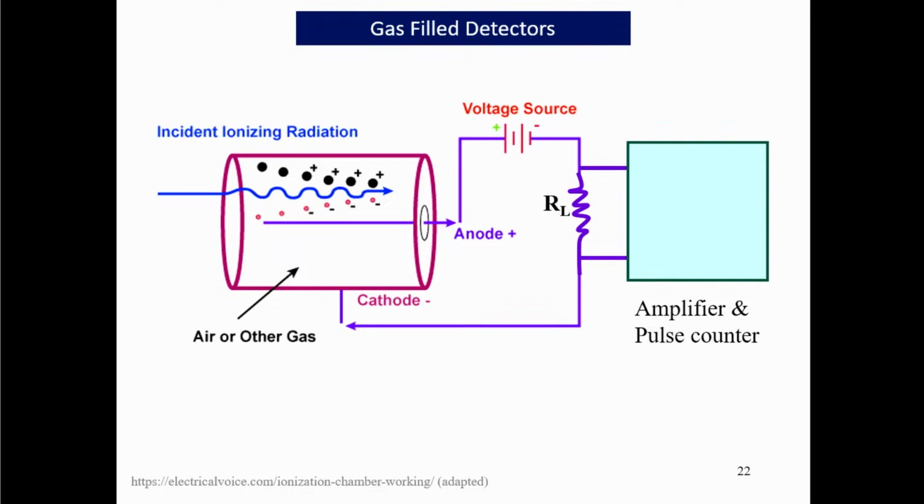You can see that the gas filled detector is very simple. You have a metal cylinder, and inside that you have an anode, which is also a metal wire, and you connect these two to the two different terminals of a battery.